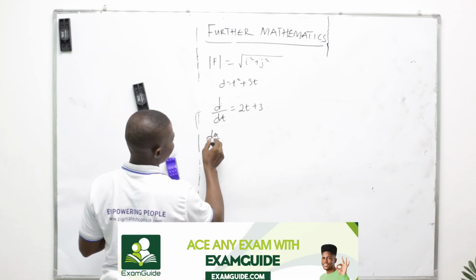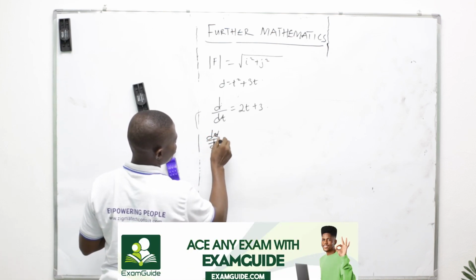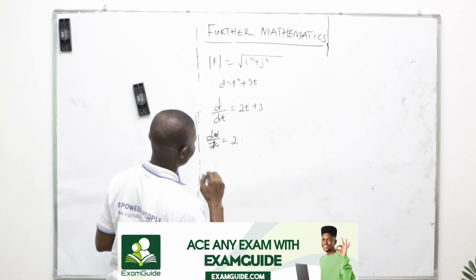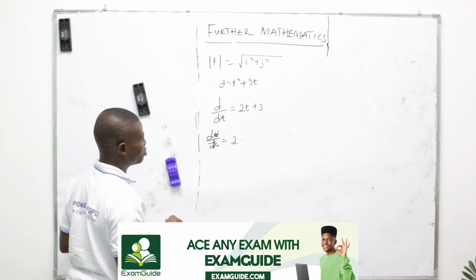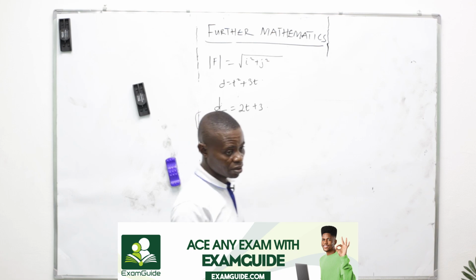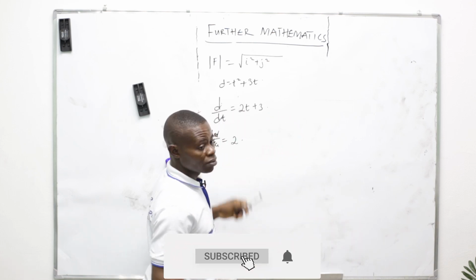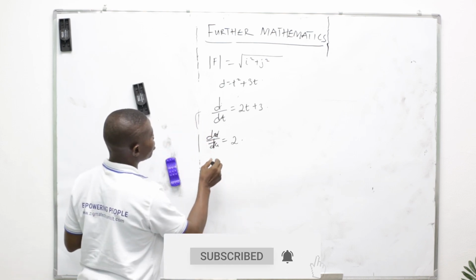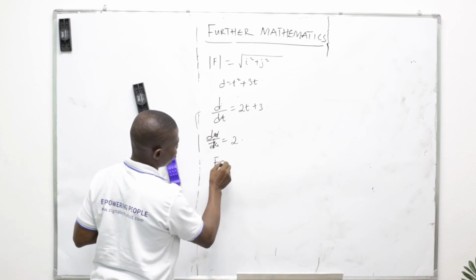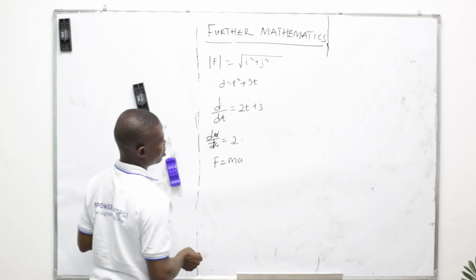The derivative of v, which is the acceleration, equals 2. F equals ma.